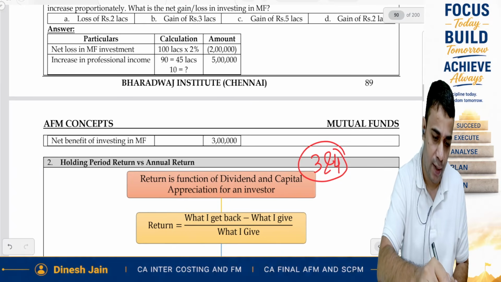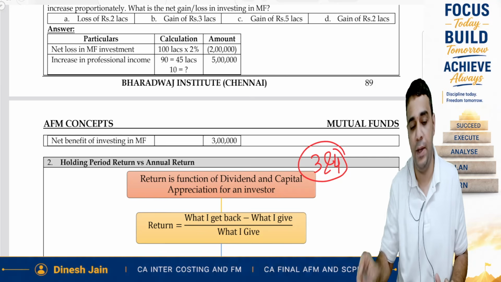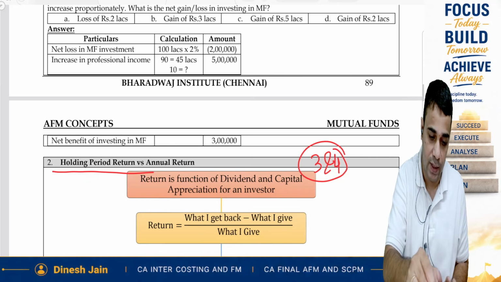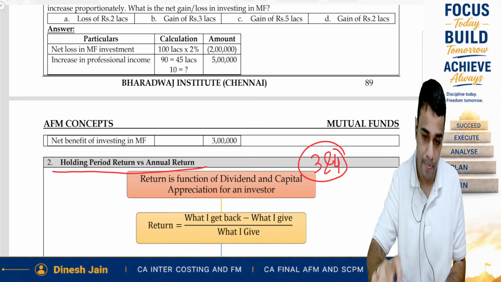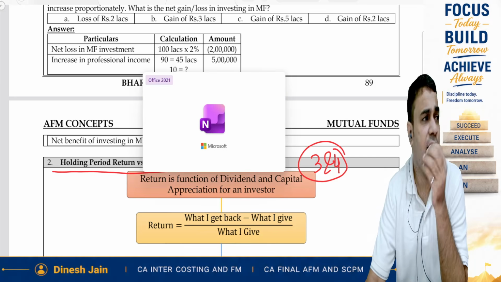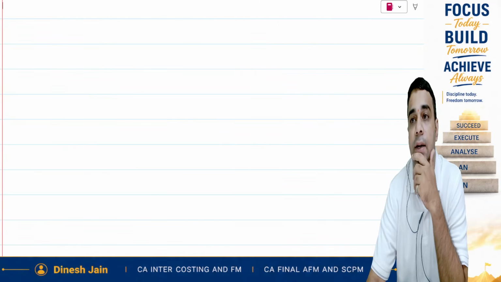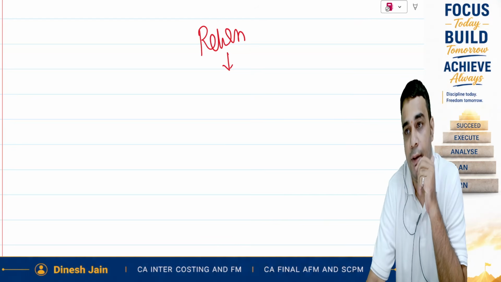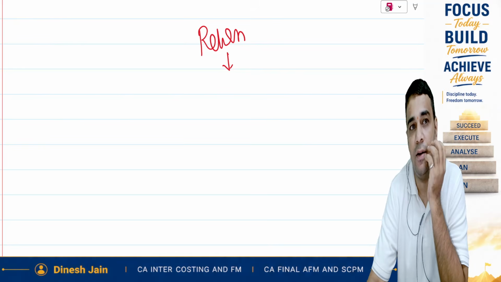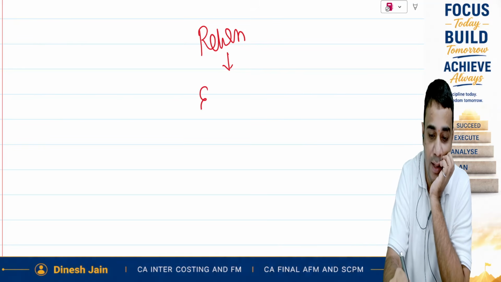We move to a concept called holding period return versus the annual return. Let's understand this first. Any idea what is the meaning of the term return? What do you mean by return? You would have used this term in multiple places. Earnings, okay.